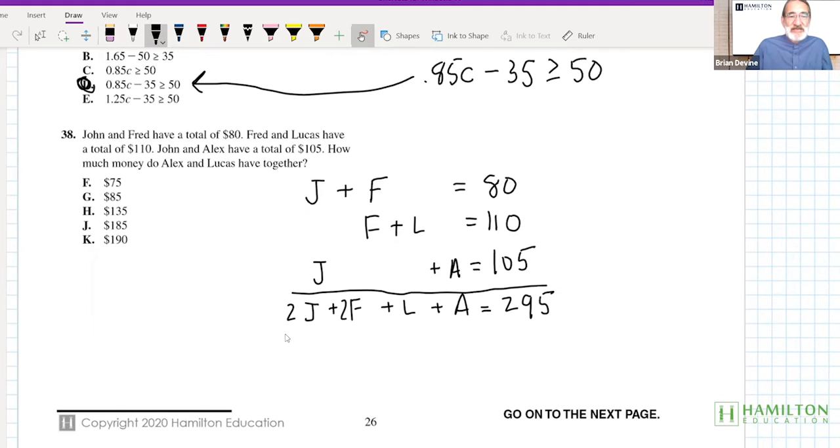And so if I take these guys away, that's taking twice this away. Well, let's do that. So if I take away 160, we must have Lucas and Alex have $135. So H.